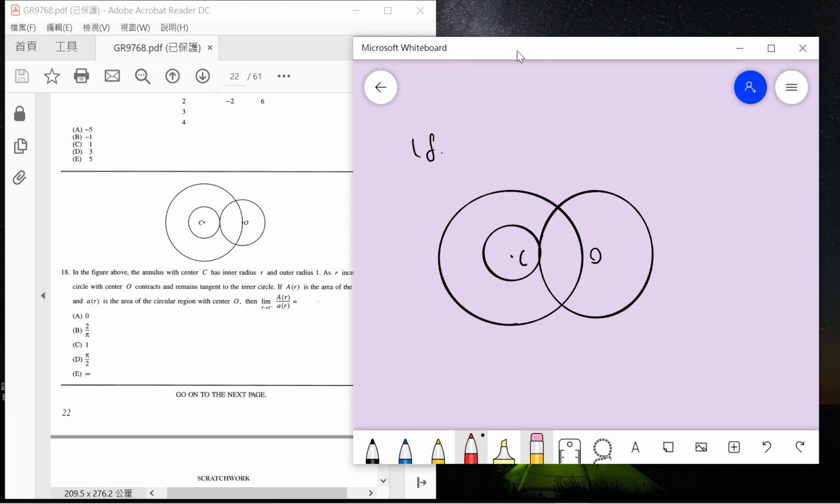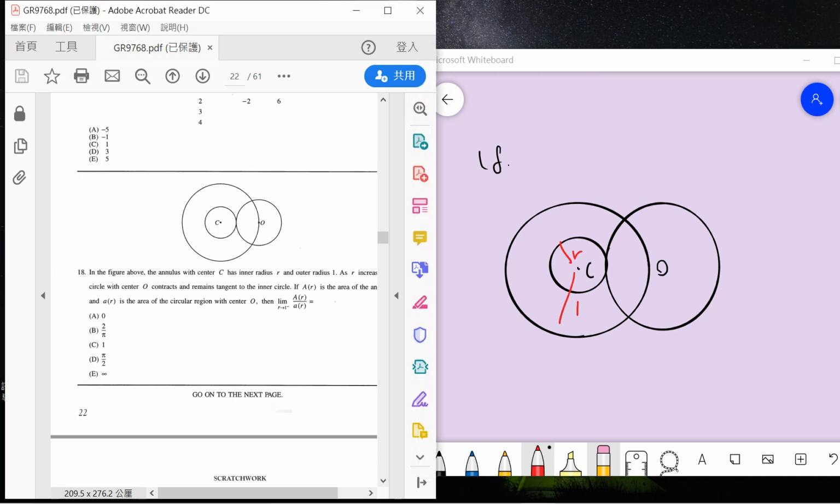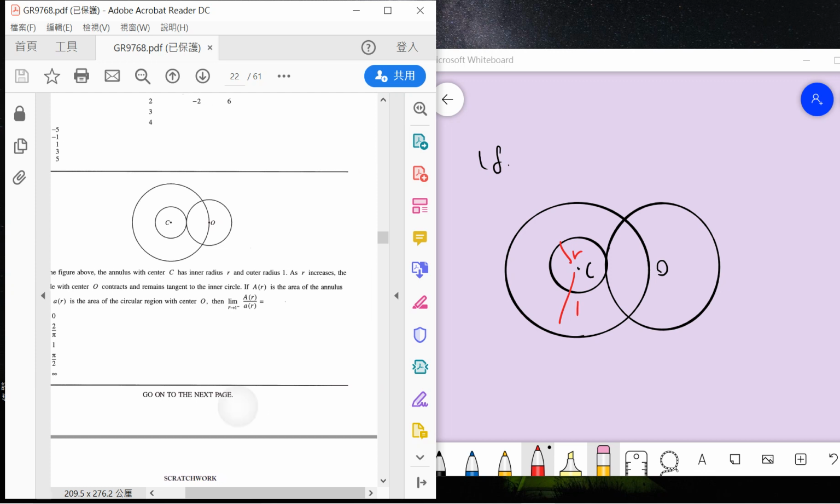It tells you that the annulus has innermost radius r and outer radius 1. As r increases, the circle O remains tangent to the inner circle.